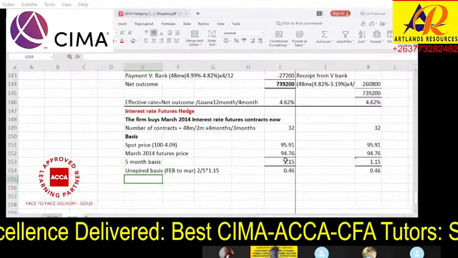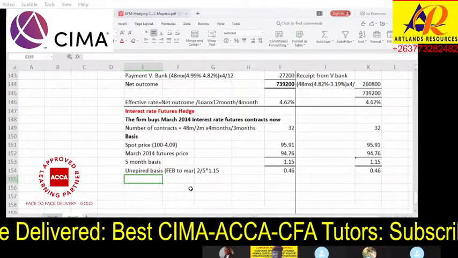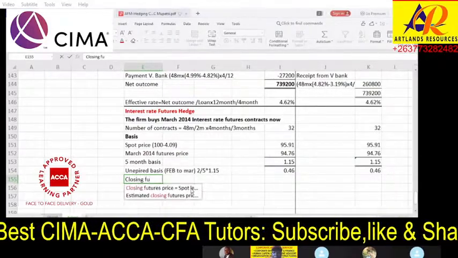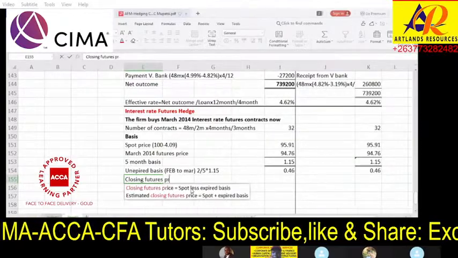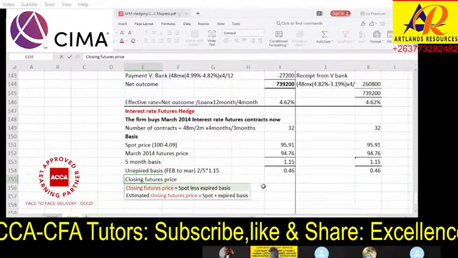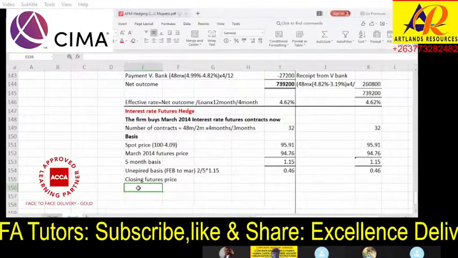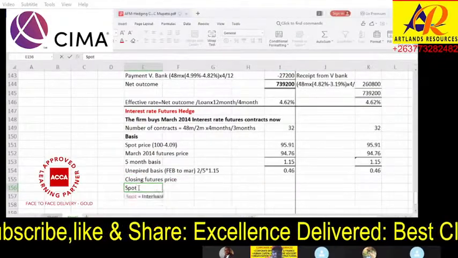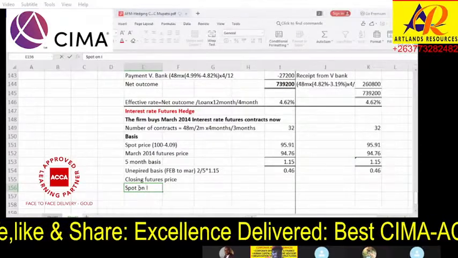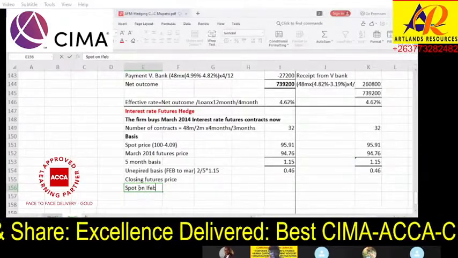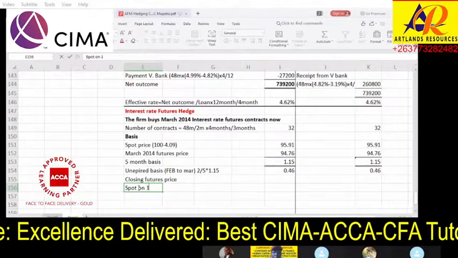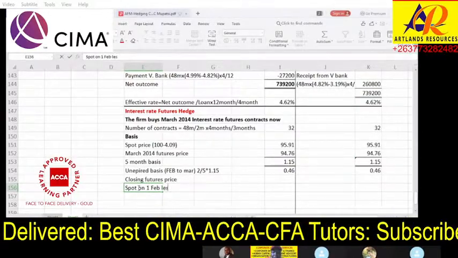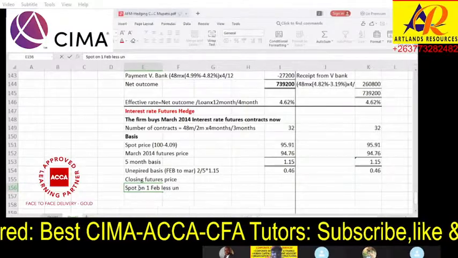So when you exit the market on 1 February, what will happen? You have closing futures price. So what will be the closing futures price? You simply say spot on 1 Feb, on the day of transaction, as an expired basis.